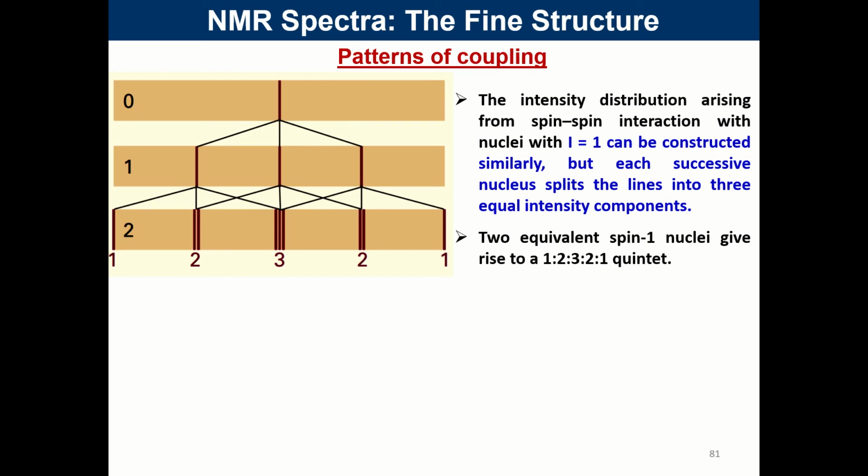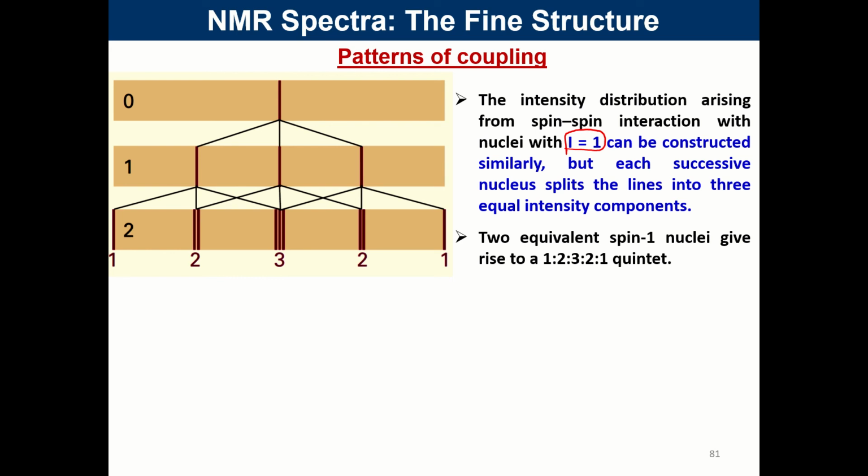Now this is a pattern for the case where the nucleus has I equal to 1. It is not a spin half nucleus. Then the splitting pattern will change.